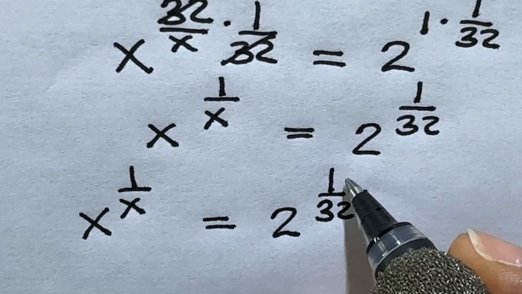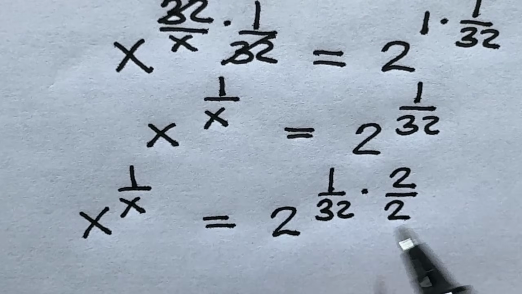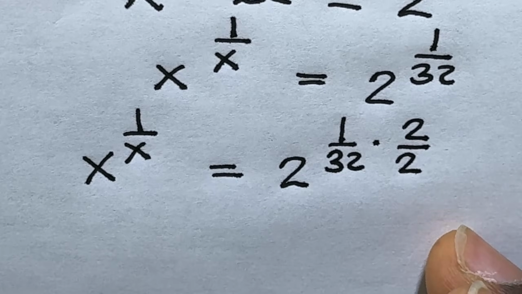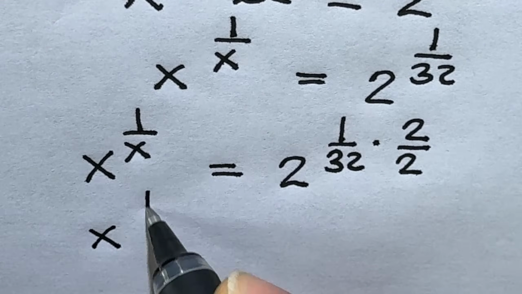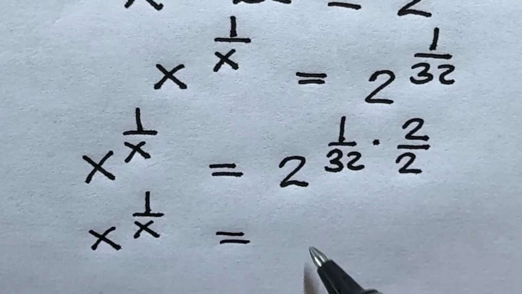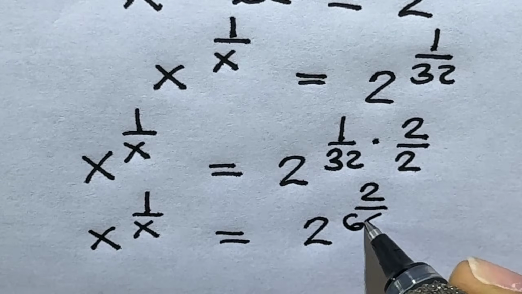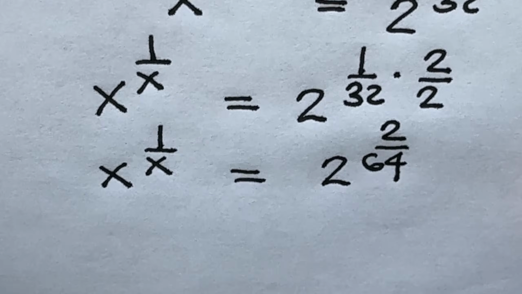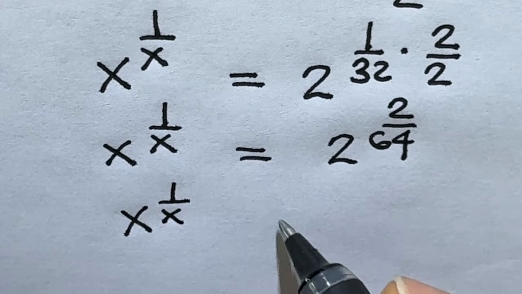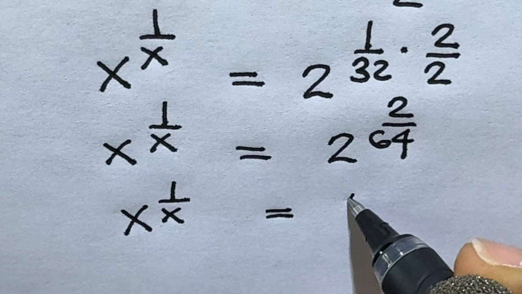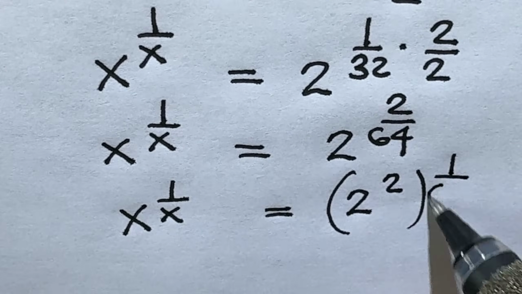I'm going to multiply both the numerator and the denominator by 2, so that this gives us x raised to power 1 over x equal to 2 raised to power 2 over 64, which we can also express as 2 raised to power 2, raised to power 1 over 64.